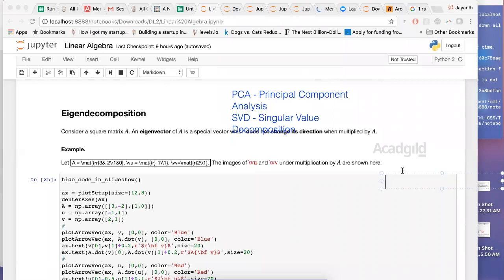Let's say you're trying to predict housing rates in Bangalore, Bombay, Hyderabad, wherever you might be. You have so many features: zip code, pin code, number of bedrooms, area in square feet, tiles, bathroom fittings. All these are trying to dictate the price of the house.